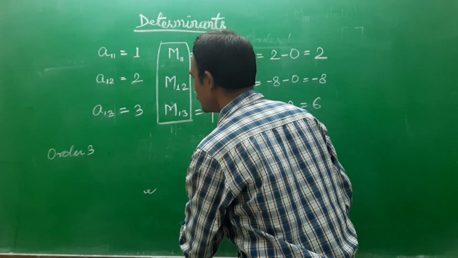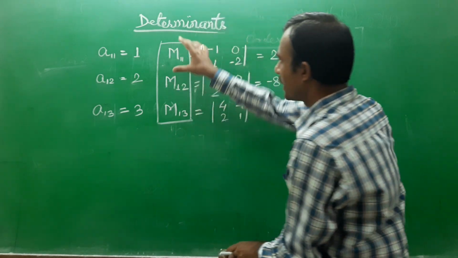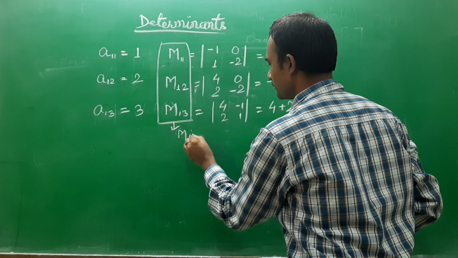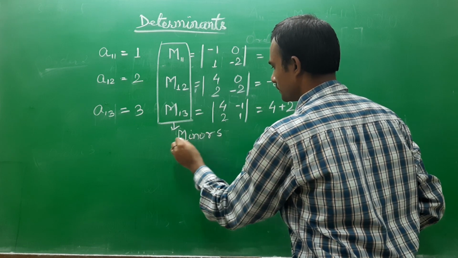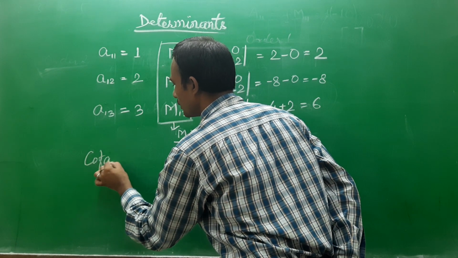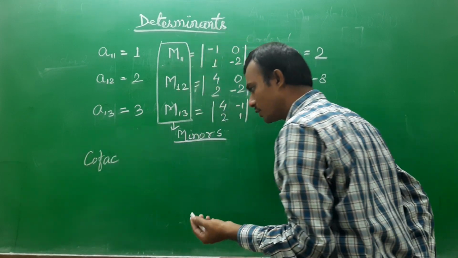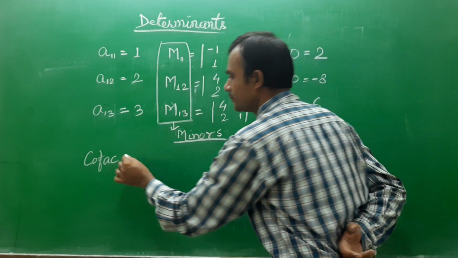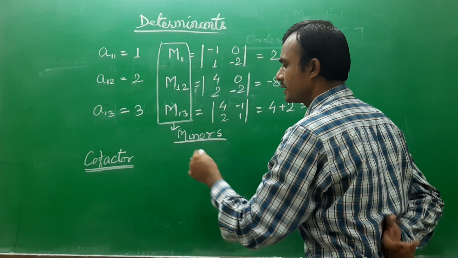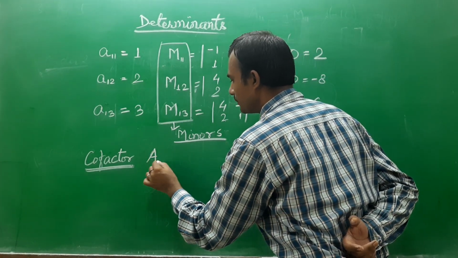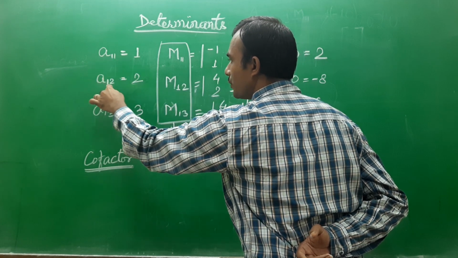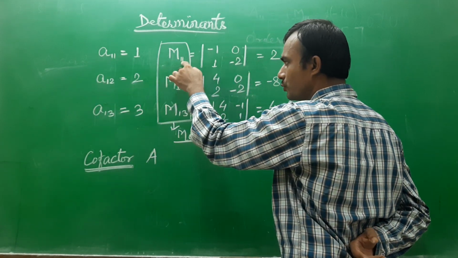Now just come to the cofactor. Because the determinant of a 3 into 3 matrix depends upon cofactors, and it is denoted by capital A, like small a11, small a12, and here capital M11, M12.